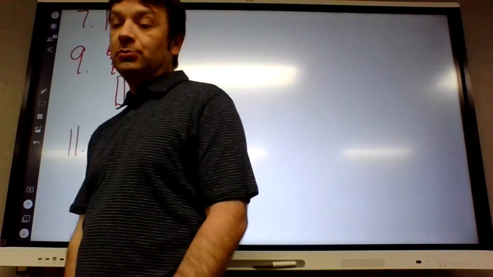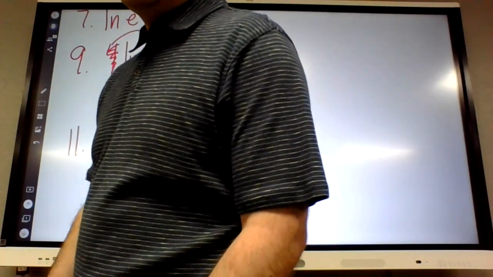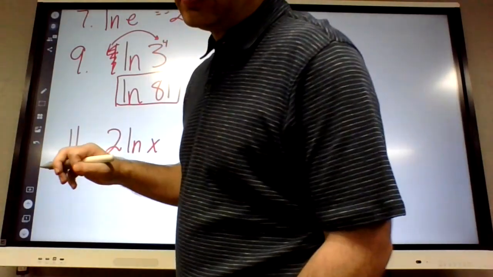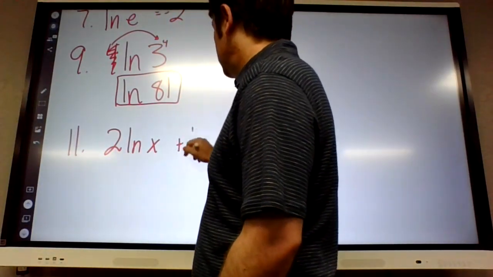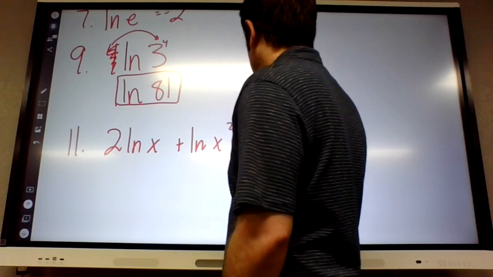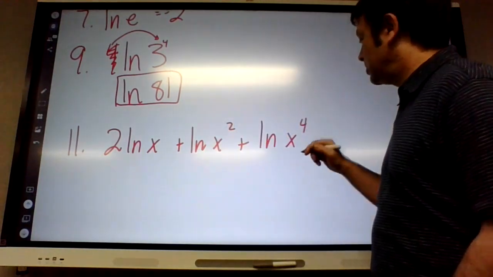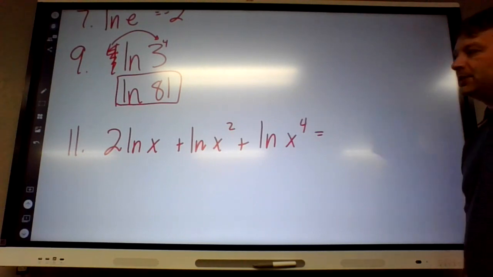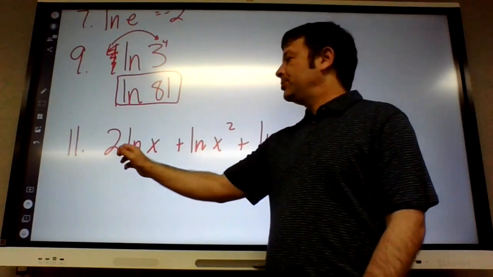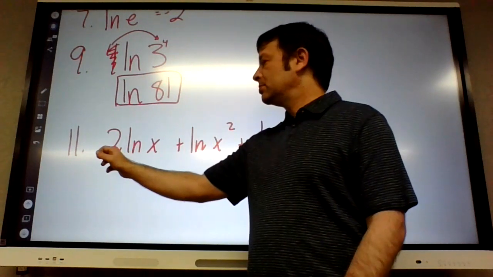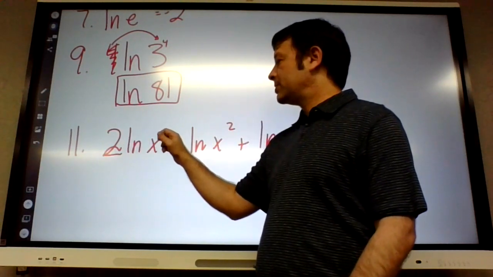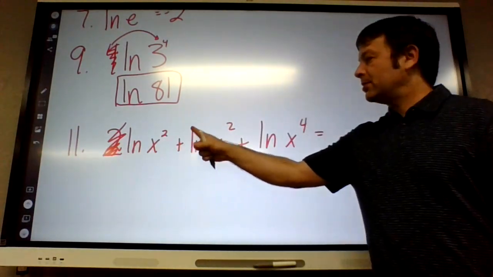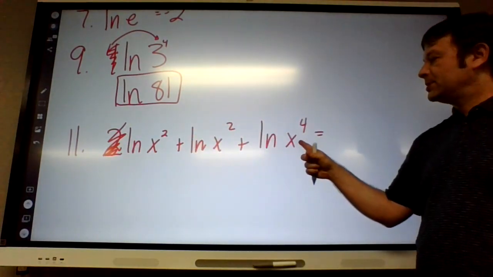Number 11. I'm going to write this one down. They want us to combine all these into one natural log. What can we do with this 2? Put it on the exponent, so that's gone now. And when we're adding logs, what can we do with these numbers?